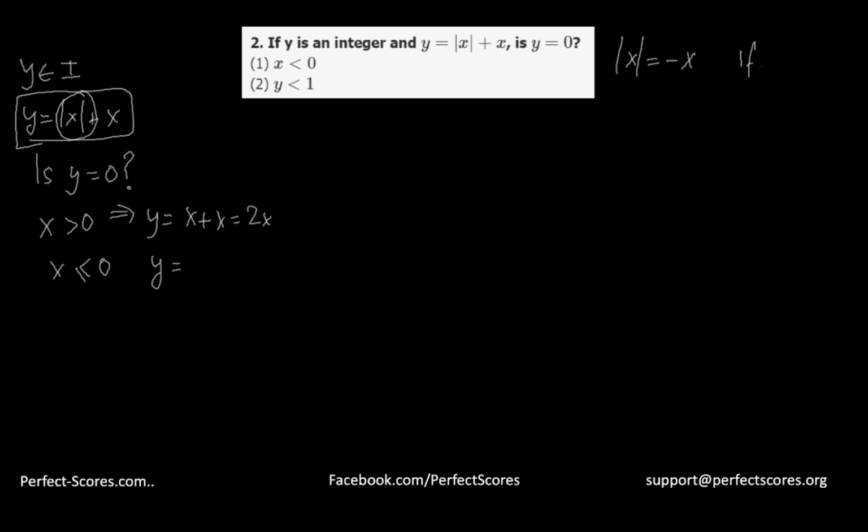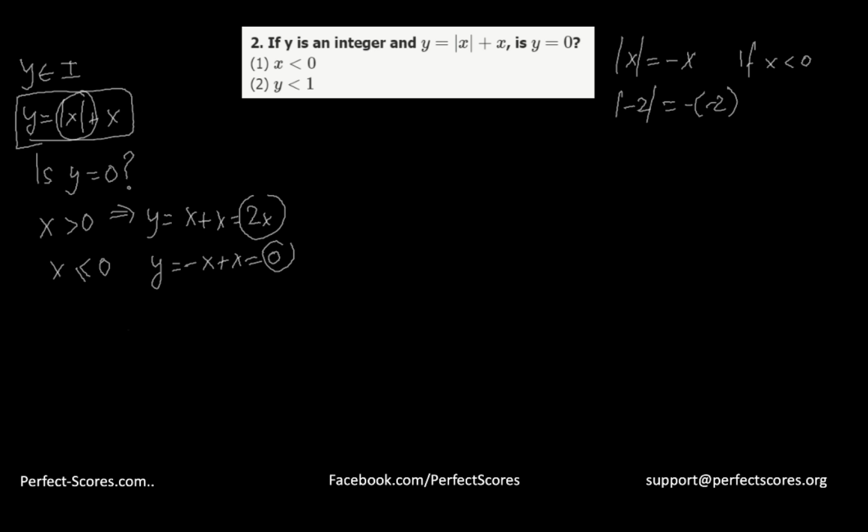Why is that? Because absolute of negative 2 is negative of negative 2. So that means here you have negative x plus x, which is actually equal to 0. So that means y can be equal to 2x or y can be equal to 0. That actually depends on the sign of x.